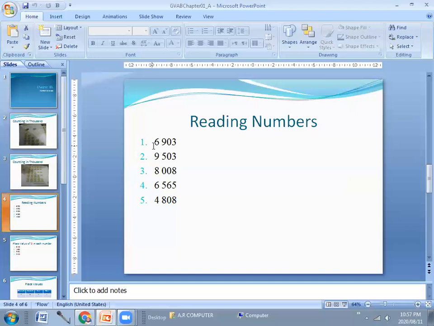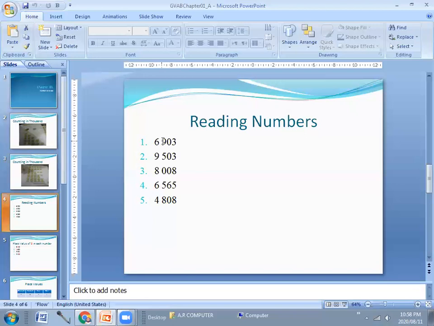So the first one is, before reading the number, let me recall the rightmost digit represents ones. So in this number, how many ones are there? 3. The second digit represents tens. Here it is a 0, so there is no 10 in this number.